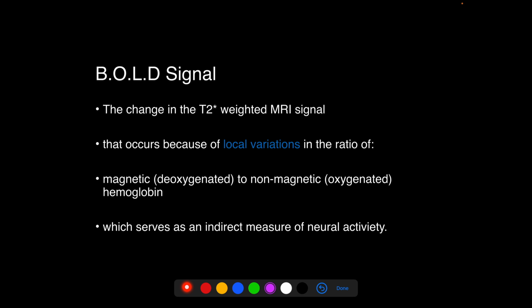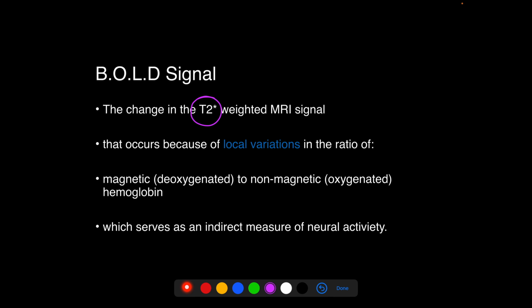So now we're going to specifically focus on the BOLD signal. The BOLD signal is a physiological response. It is the physiological response that we just discussed. It is a change in the T2 star weighted MRI signal.